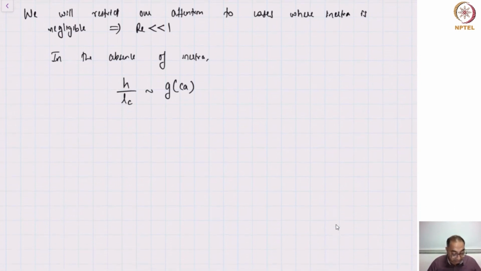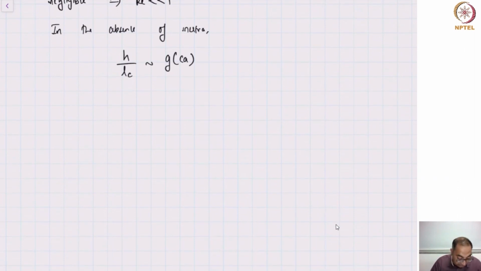So let's start with the Navier-Stokes equations with boundary conditions.